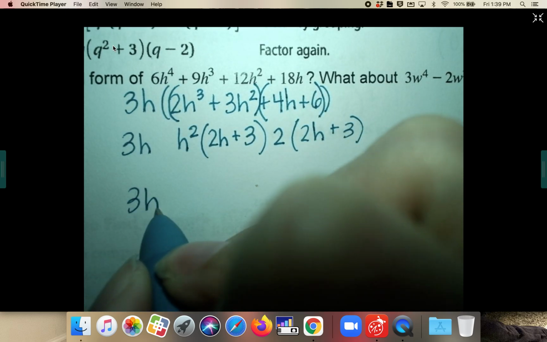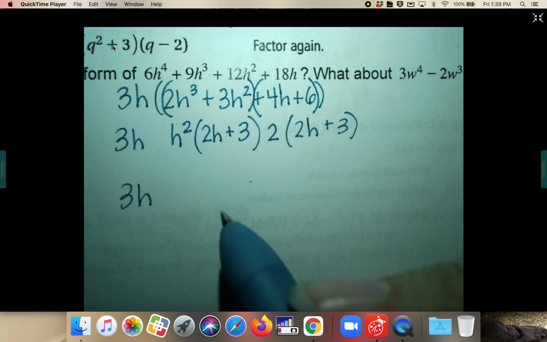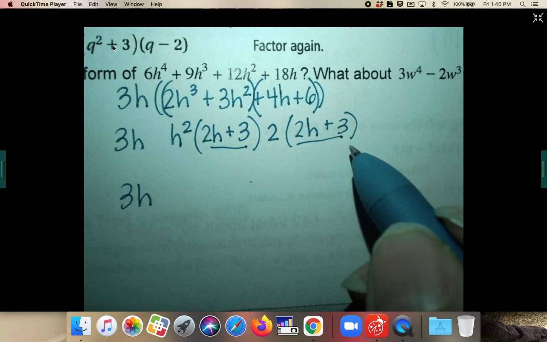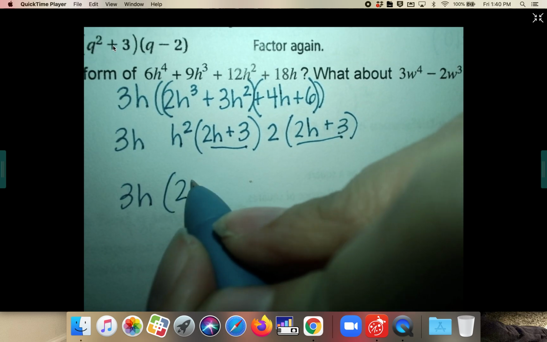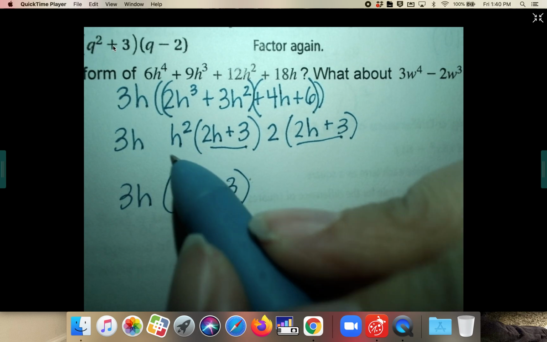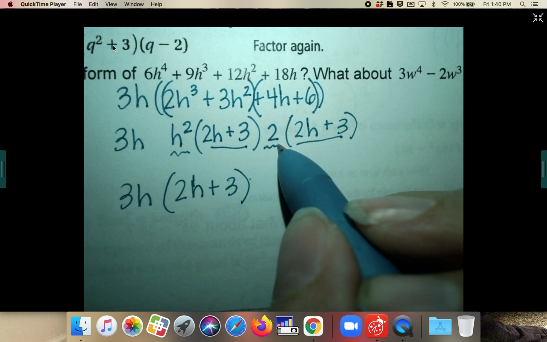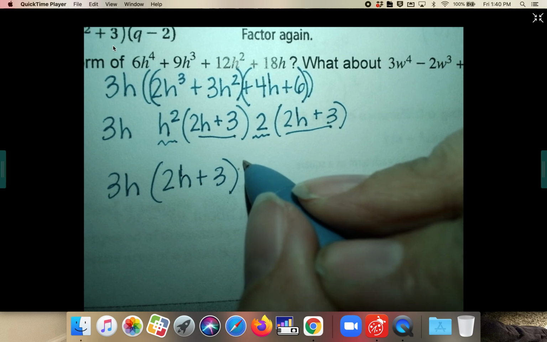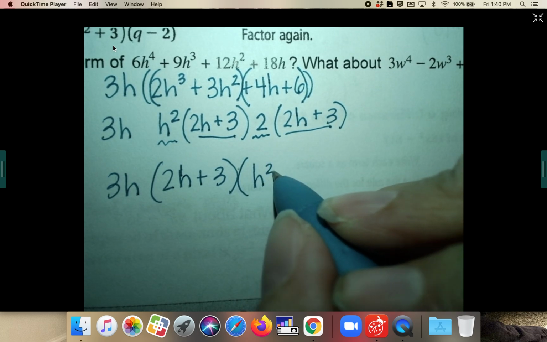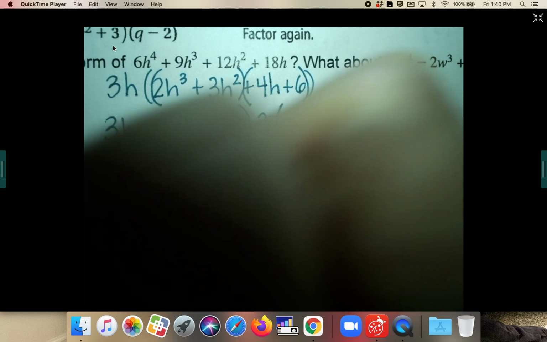It's just going to be part of our answer, but we're done messing with it. Does this one match this one? Yes, it does. So that is one part of my answer. And the other part is the greatest common factors that we pulled out of those 2, which would be combined in a binomial h squared plus 2.